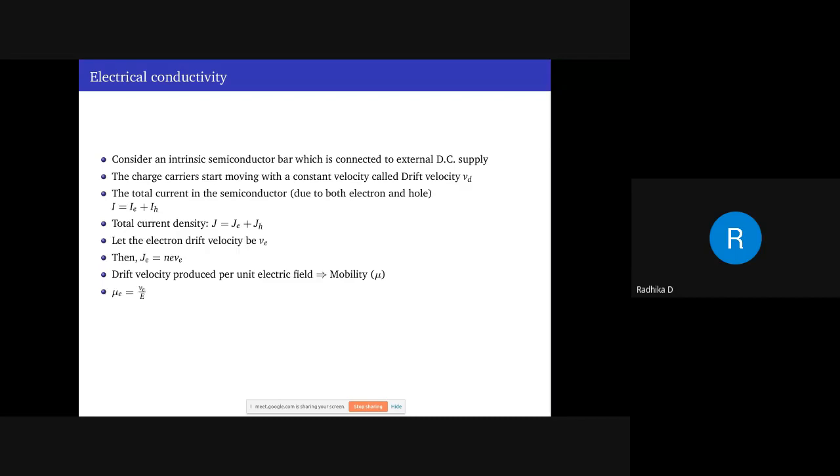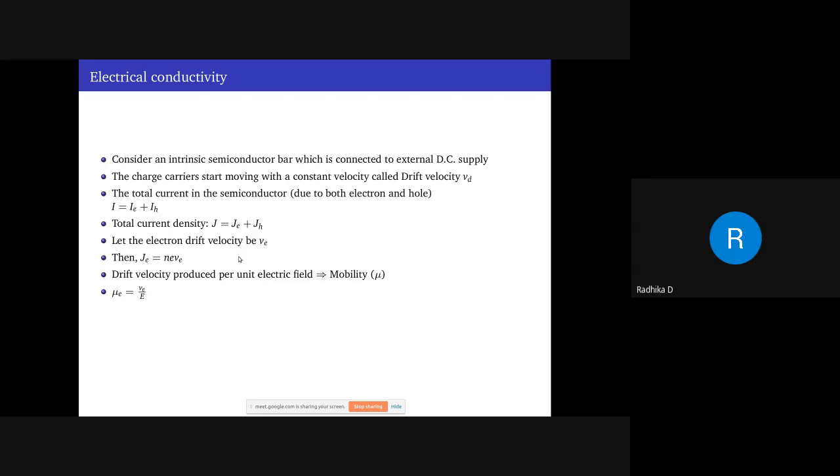Before that, one more concept which you need to know is mobility. What is the mobility of these electrons? What do you understand as mobility? These charge carriers, electrons and holes, are moving when you apply a potential, right? When I apply a potential, obviously it sets up an electric field, correct?